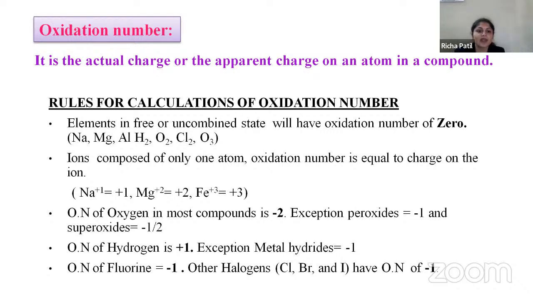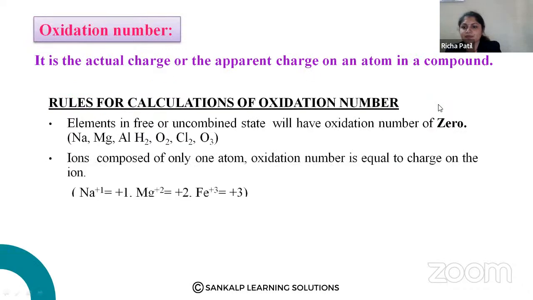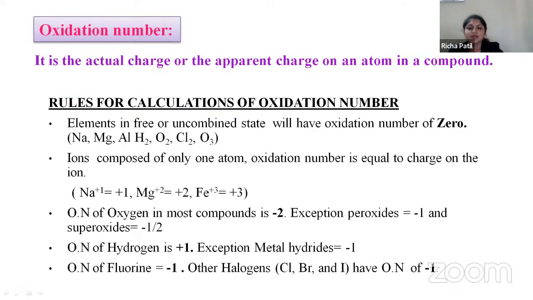The first one: elements in free or uncombined state will have oxidation number 0. Free state means, for example, sodium, magnesium, aluminium. These are elements in free state, and the oxidation number will be 0.